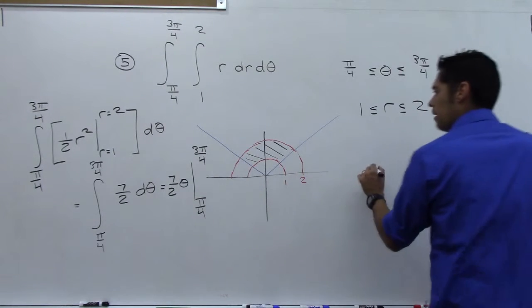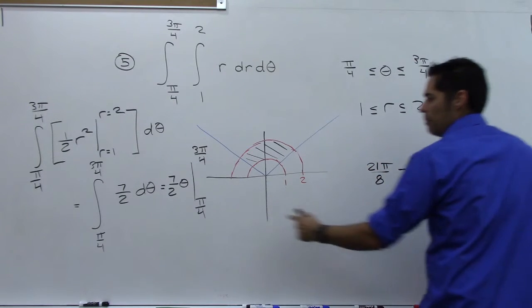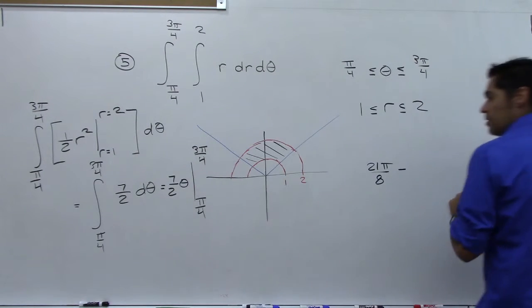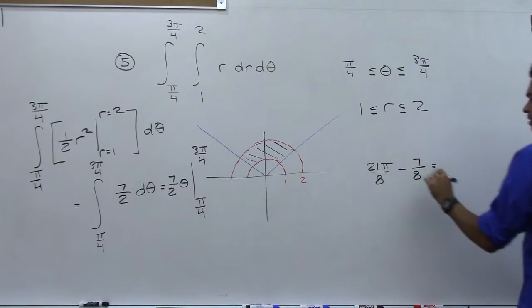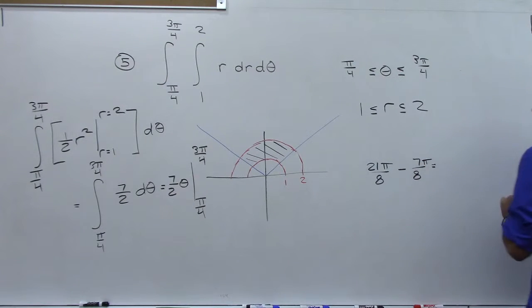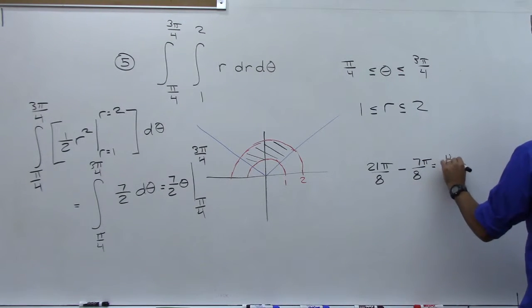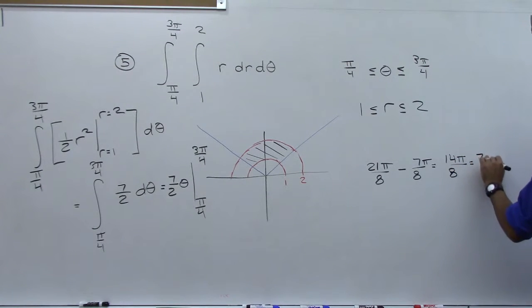I'm going to do that right here. 21 pi over 8 minus, now plug in pi over 4, you get 7 pi over 8, which gives you 14, I forgot the pi here. This gives you 14 pi over 8, which is just 7 pi over 4.